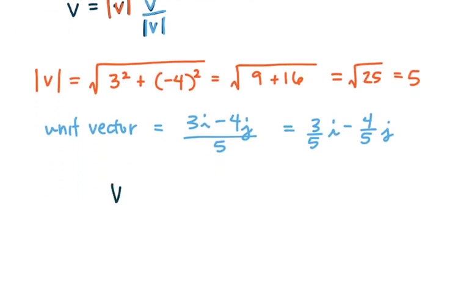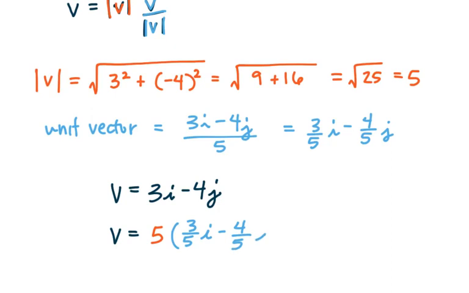So taking v, remember v equals 3i minus 4j as given when we started the problem, we can now say, well, v is the same as 5, the magnitude, times the unit vector, 3/5 i minus 4/5 j. So 5 of those unit vectors will make a vector of magnitude 5, which represents the original vector.